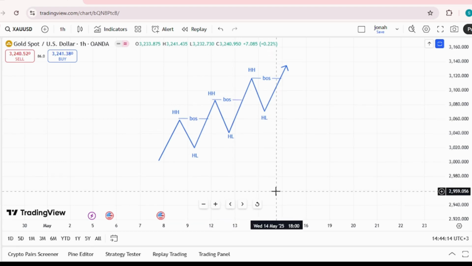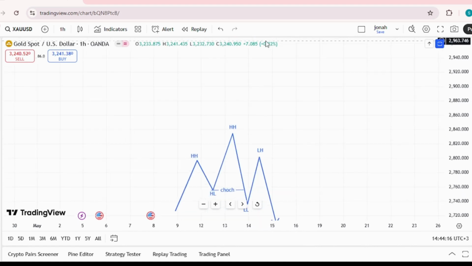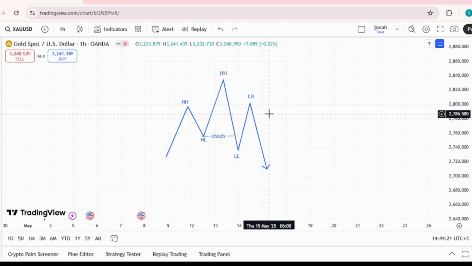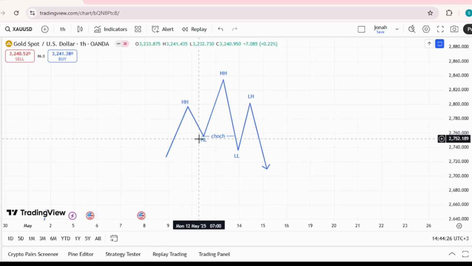Then when we come to the change of character, let's say price was making higher highs and higher lows.